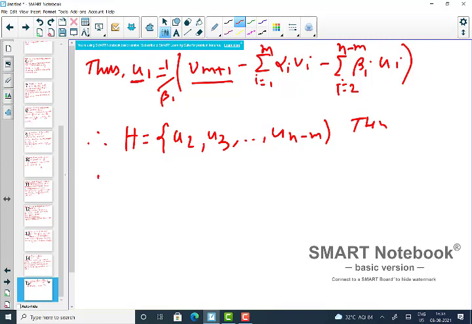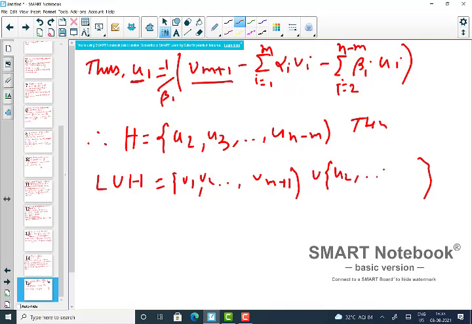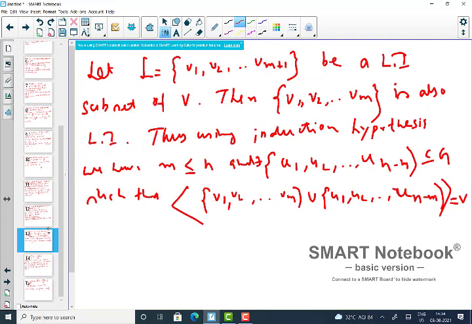you see that L union H will be v1, v2 and vm plus 1, and the union of u2 to u n minus m, right? Now you already know that u1 is replaced by vm plus 1, and you already know that this set generates the whole thing. If you replace this by another one, that doesn't matter, right?